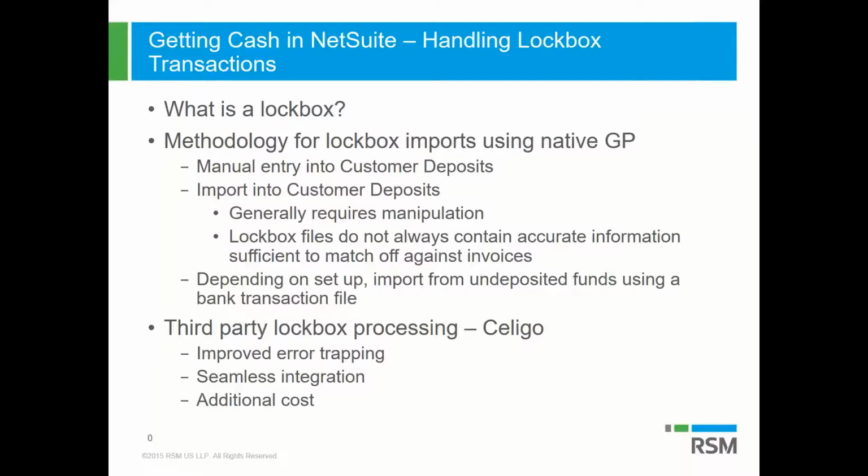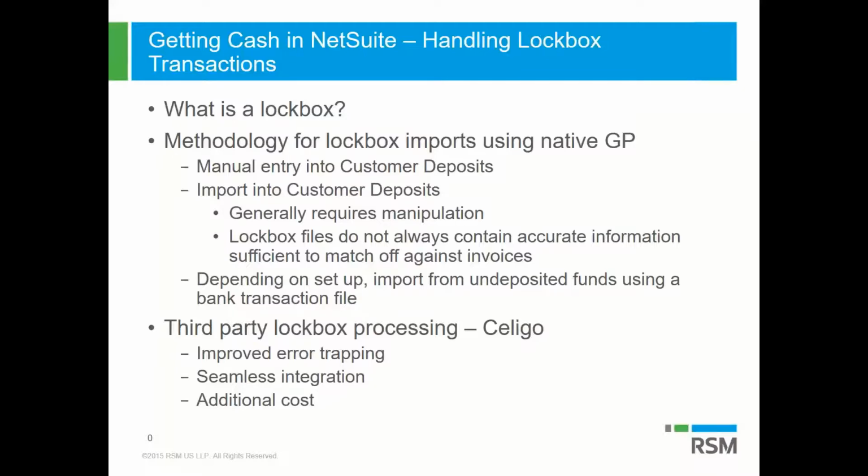Unfortunately, the files don't always come in a format that is useful, or sometimes the information on the file will come in funny because it came in oddly from the actual stub itself, so it generally requires some manipulation.